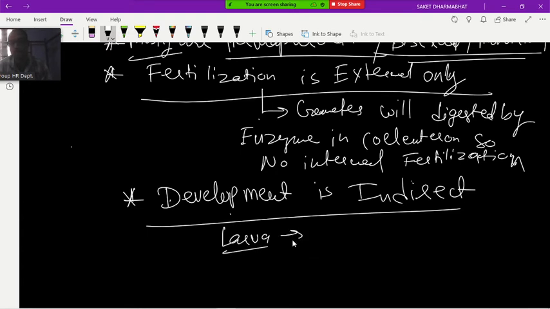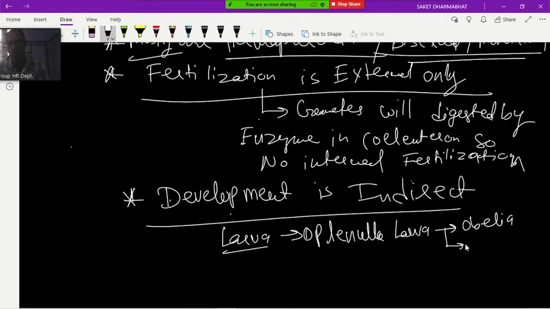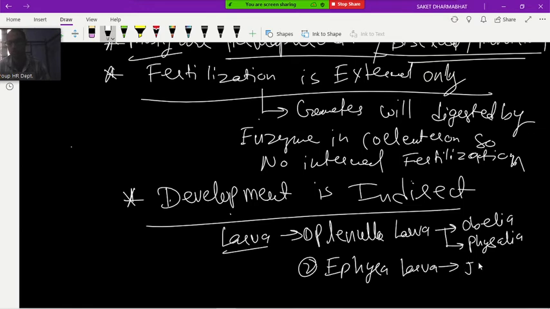We will see the names of larvae. Planula larva is found in Obelia and Physalia. The second is Ephyra larva, which is the larva of jellyfish.